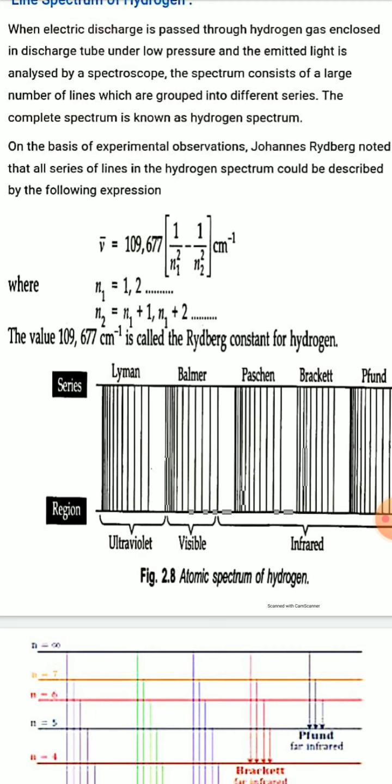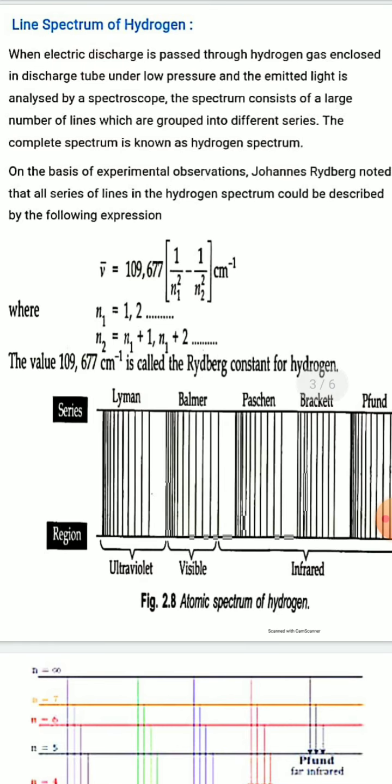Nu bar is the number of complete waves per unit length. So nu bar is equal to 109677 into (1 by n1 square minus 1 by n2 square) centimeter inverse.